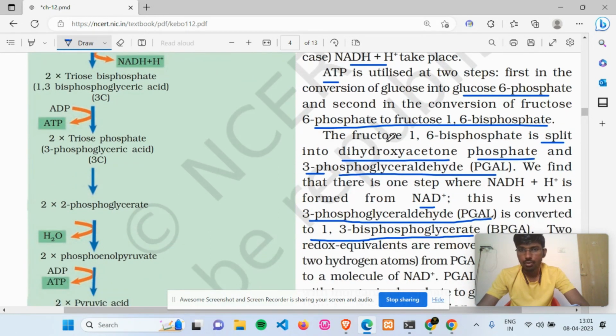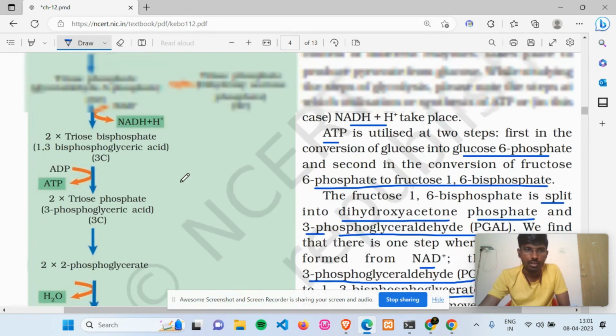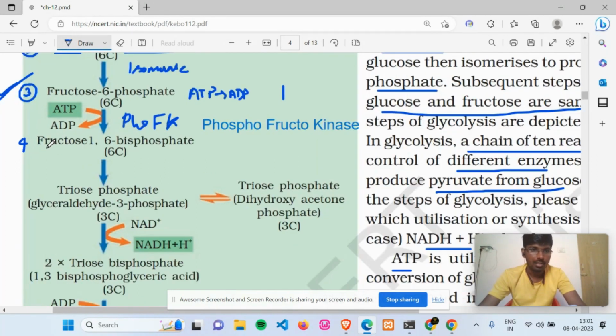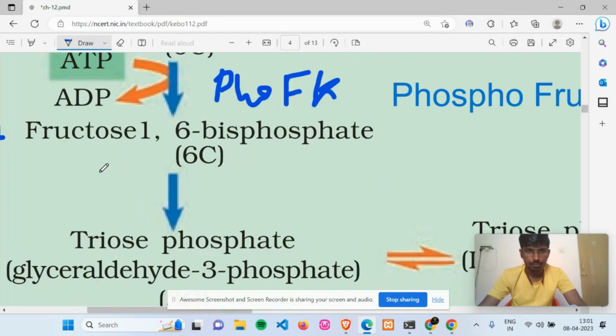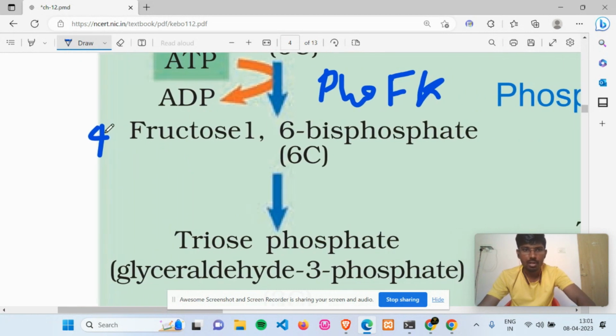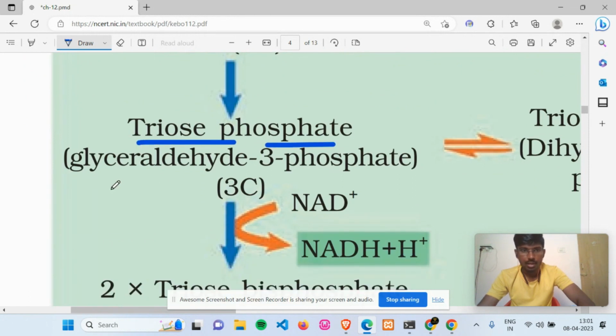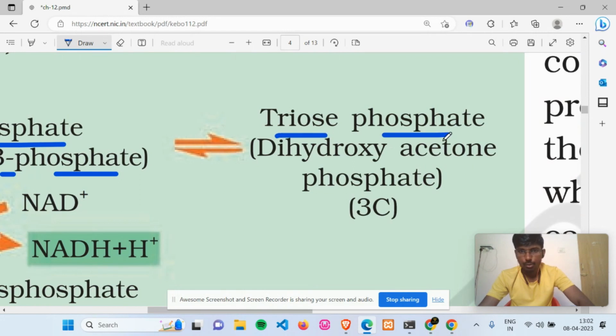Fructose 1,6 bisphosphate is split into dihydroxyacetone phosphate and glyceraldehyde 3-phosphate. Here in the fourth step, the fructose 1,6 bisphosphate is getting converted into a triose phosphate, that is glyceraldehyde 3-phosphate, as well as another triose phosphate, dihydroxyacetone phosphate.